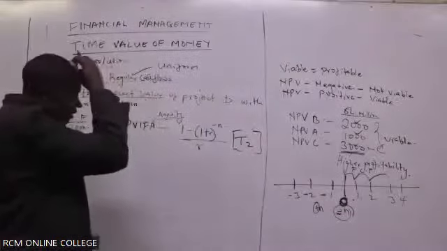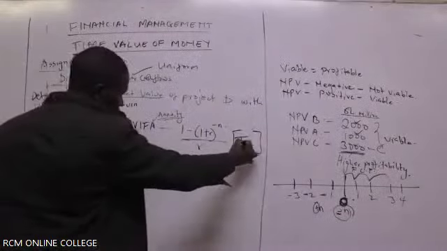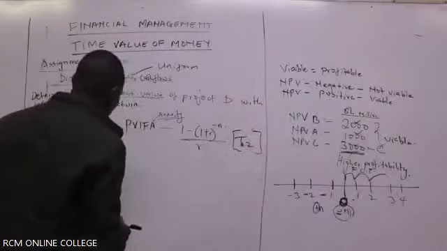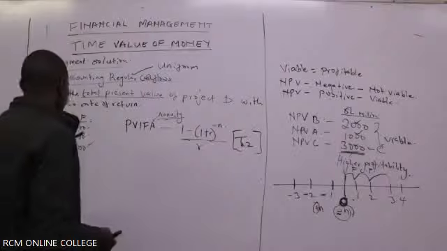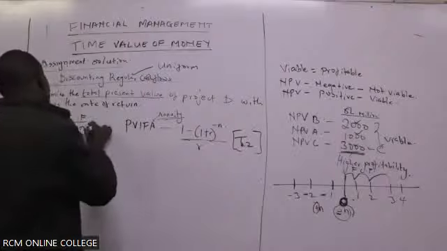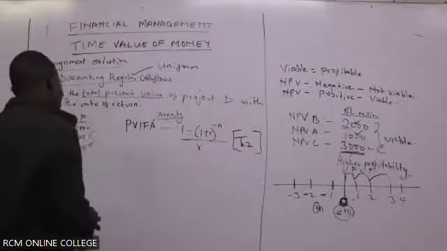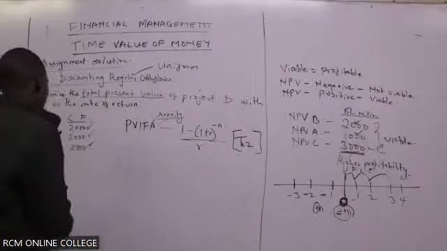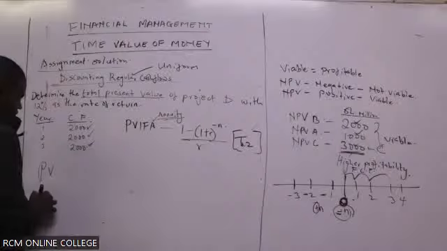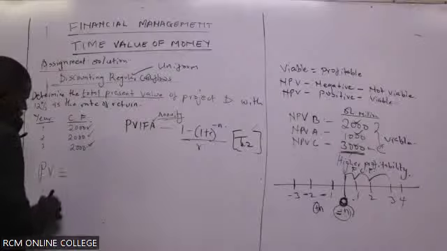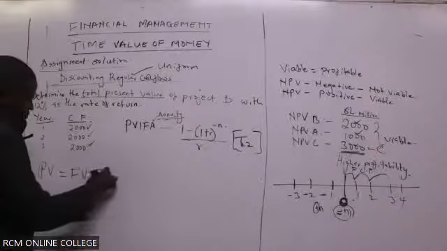So in this case, we've said that we are going to use table number 2, or you can as well use a calculator. So it's easy. Remember, all these are similar. Therefore, to compute the present value of regular cash flow, we take the future value times PVFA.